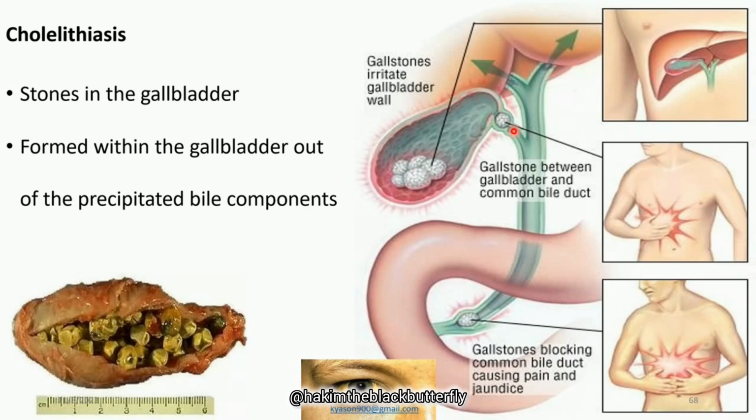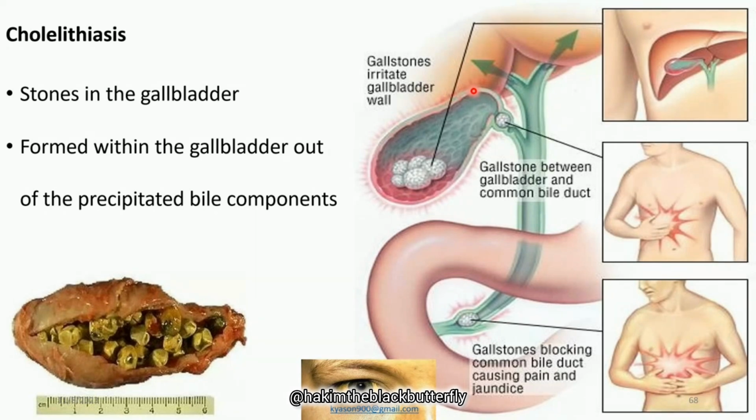Then, if there is a continuous blockage of the neck of the gallbladder, it's possible for some of this bile to leak into the surrounding small capillaries to get into the circulation. We know among the pigments in bile we have bilirubin.